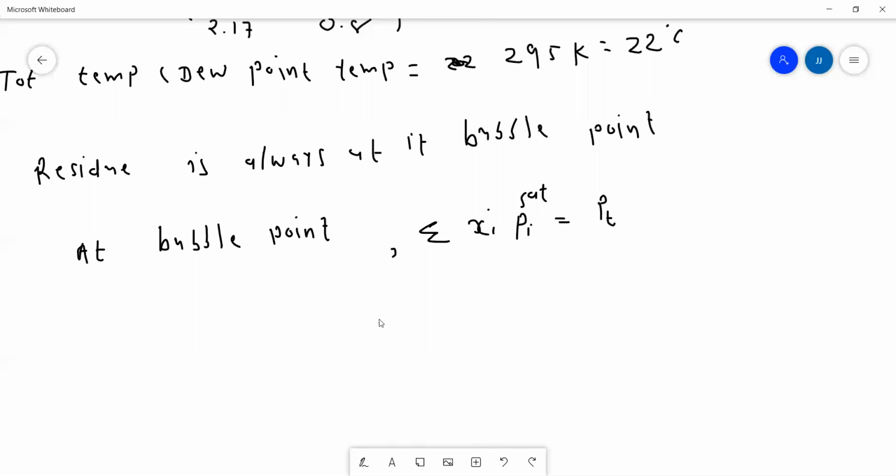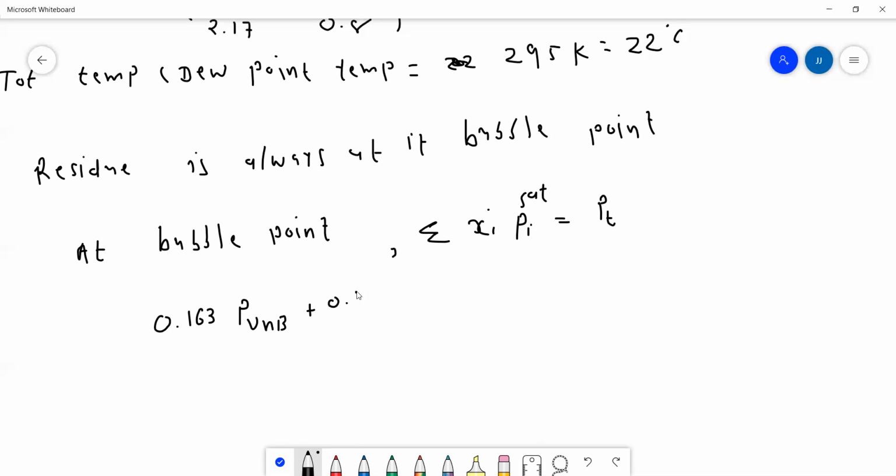So this will be 0.163 for N-butane multiplied by the vapor pressure of N-butane, plus 41.6, so 0.416 mole fraction for isopentane, multiplied by the vapor pressure of isopentane, then plus N-pentane.